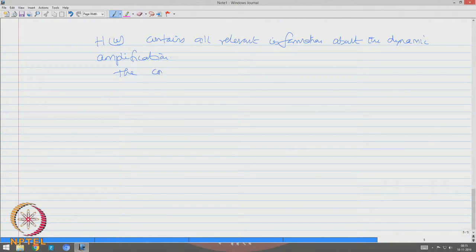The content of phase shift is also important, because it is important to realize that the response and the force may not be in the same phase.